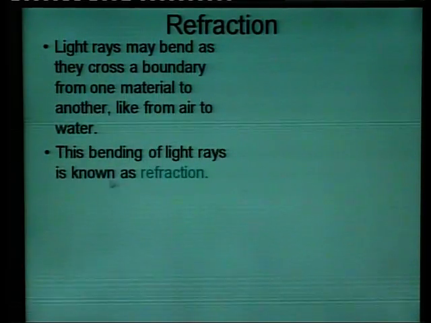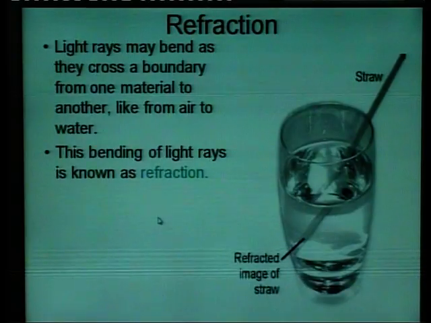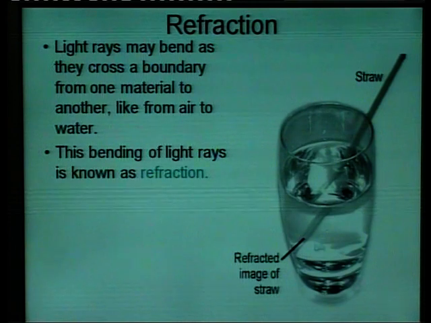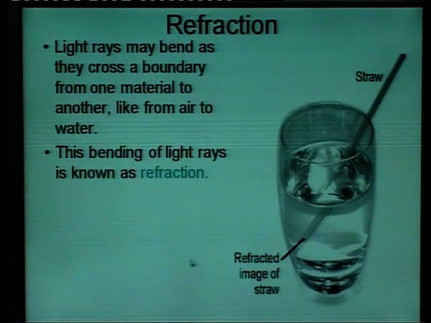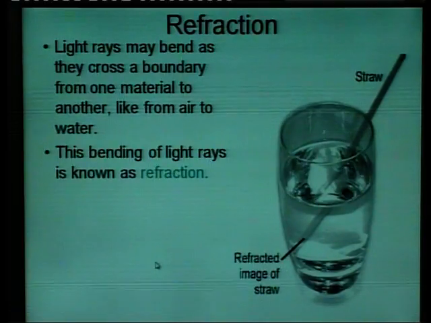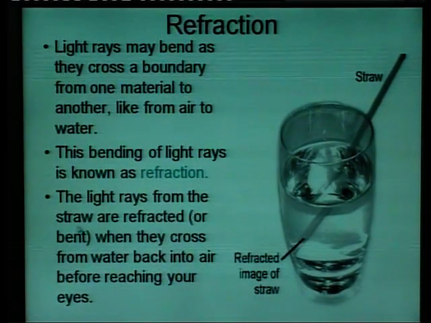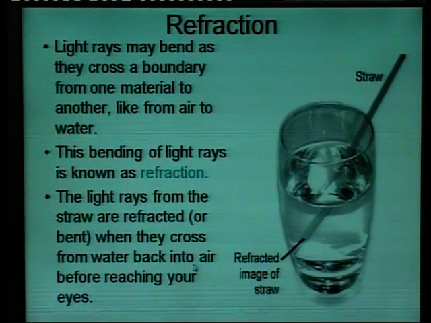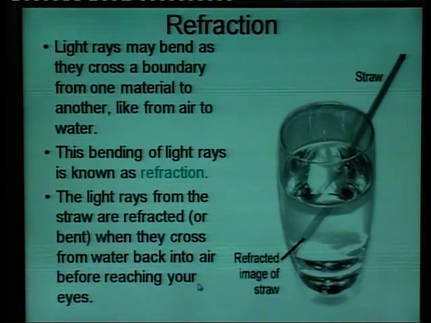This is shown here: a straw is placed in a glass of water. The refracted image of the straw appears raised. This is because of refraction. The light rays from the straw are refracted or bent when they cross from water back into air before reaching your eyes.